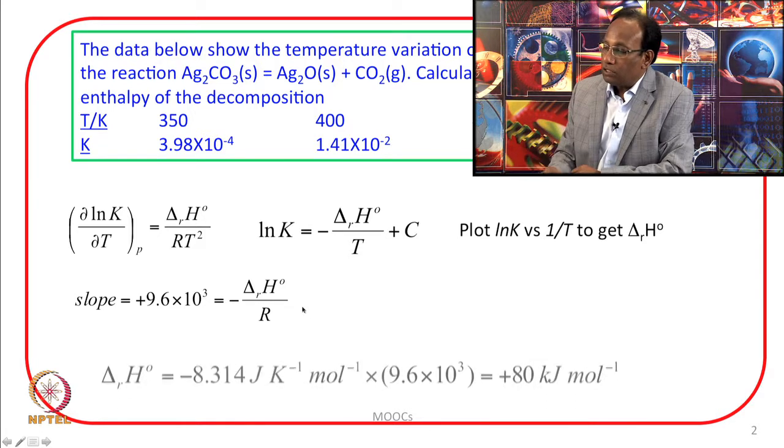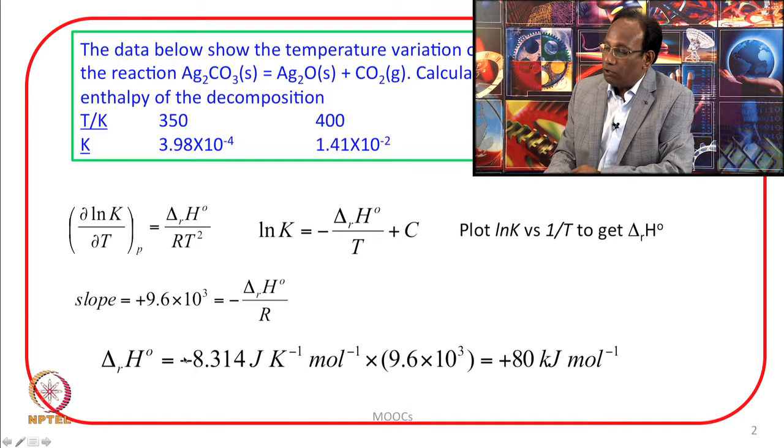And now you rearrange and substitute the value of R as 8.314 joules per Kelvin per mole. The overall value comes out to be plus 80 kilojoules per mole. The standard reaction enthalpy is coming out to be plus 80 kilojoules per mole. Let us comment on this plus. Plus means reaction is endothermic.